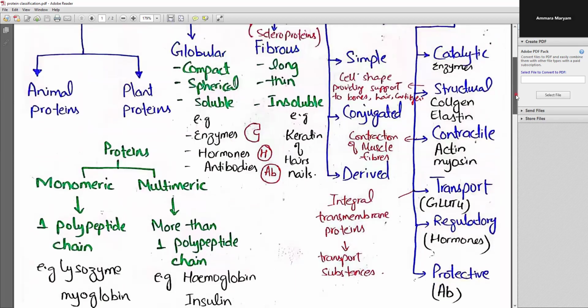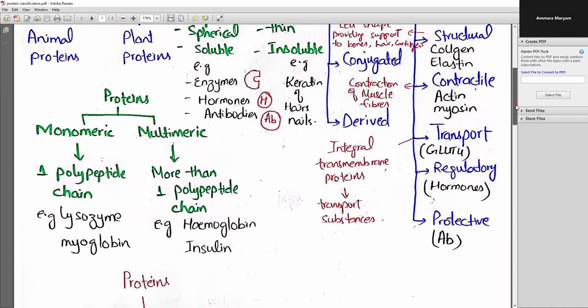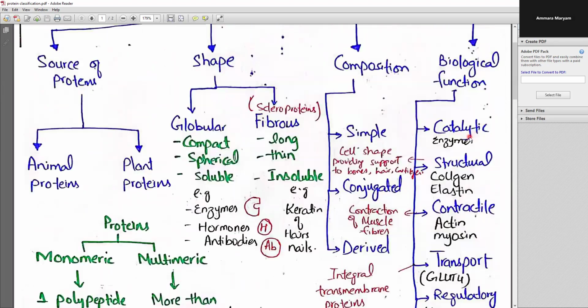When we look at the catalytic proteins, what is the meaning of catalysis? Catalysis means accelerating the rate of a chemical reaction. So the proteins which help in accelerating the rate of chemical reactions are classified as catalytic proteins.